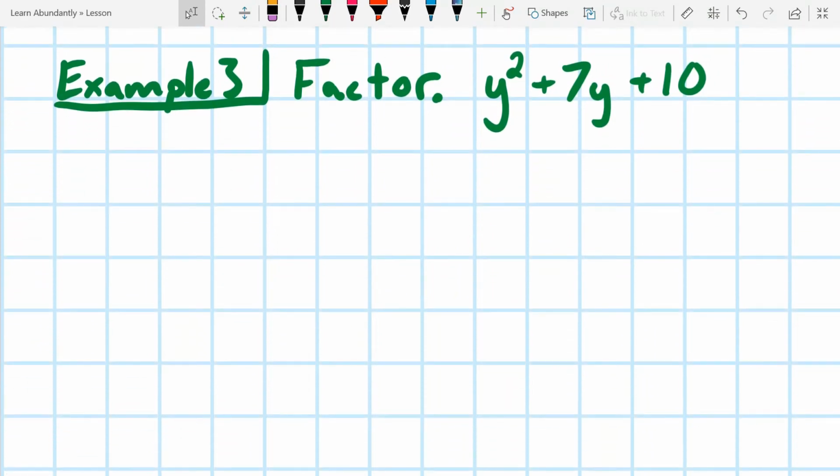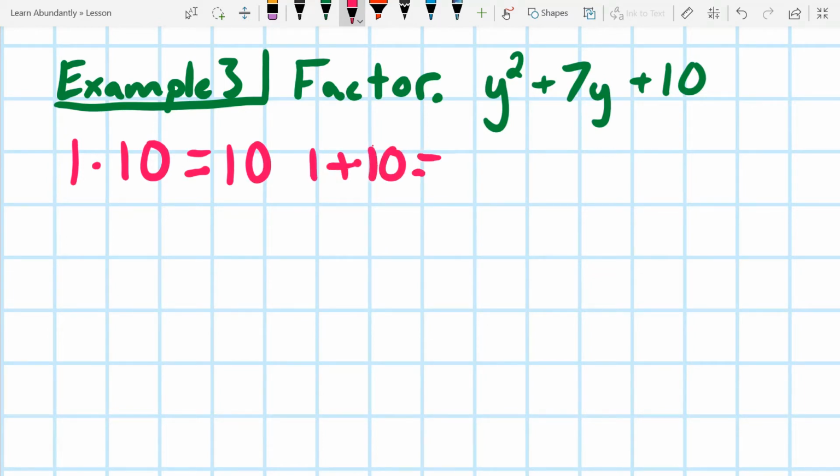Let's do one where it just doesn't happen to be prime. This one, for example, if we did 1 times 10, we would get 10, but 1 plus 10 equals 11. But we wanted it to equal 7 because we're looking for it to equal the middle number. So that's a problem. So 1 times 10 didn't work when we tried to add those up.